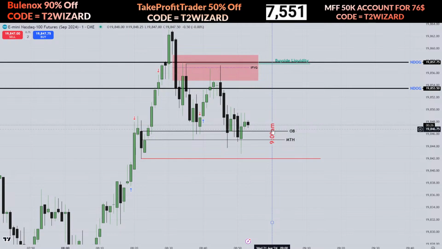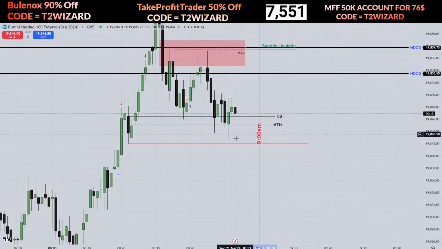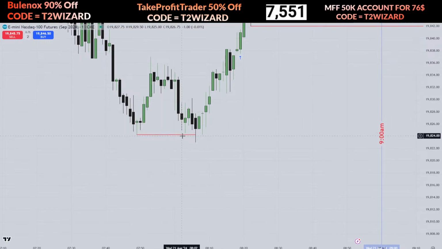So just before 9 a.m., what I'm seeing is buy side liquidity and sell side liquidity. See, both of them. I'm looking for them. What is it going to do? Is it going to take that sell side liquidity before going for that buy side liquidity, the way it has done over here around 8?